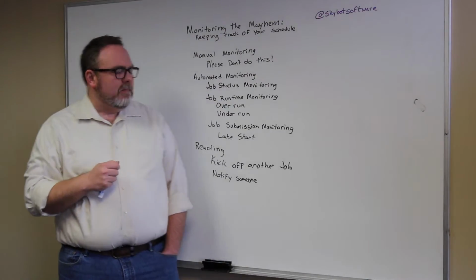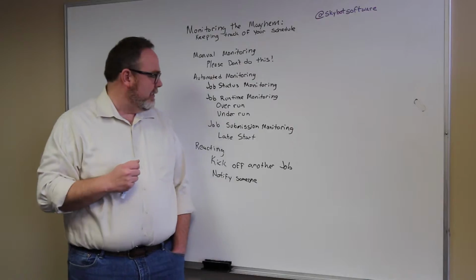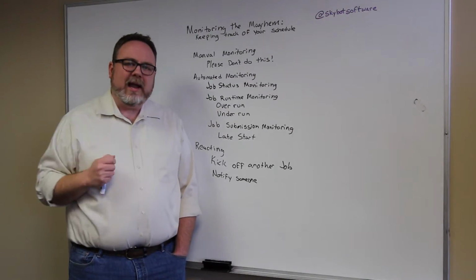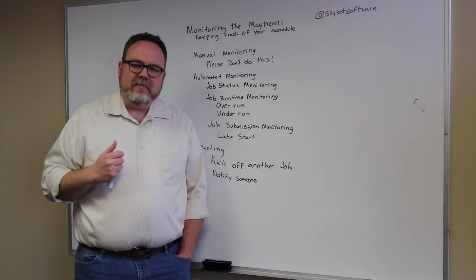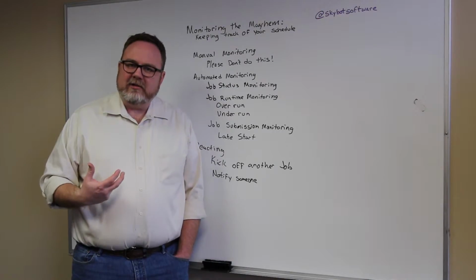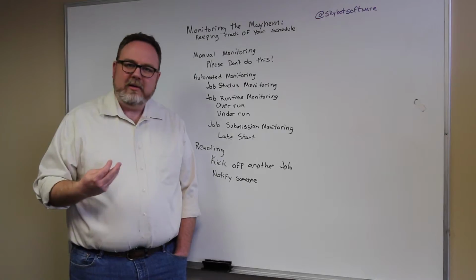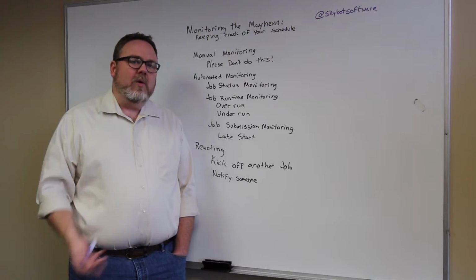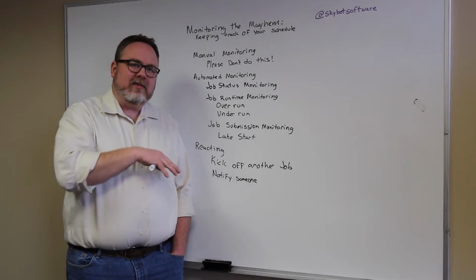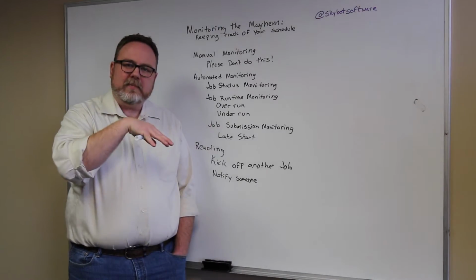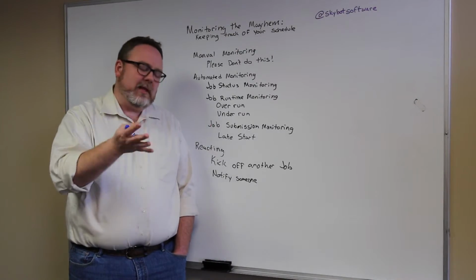The third part there is job submission monitoring. And this really has to do with jobs that don't have a set schedule, like jobs that are purely event driven, but they would generally happen around 2 o'clock, or jobs that have a schedule but also have event driven components. Okay, so that's the second part.